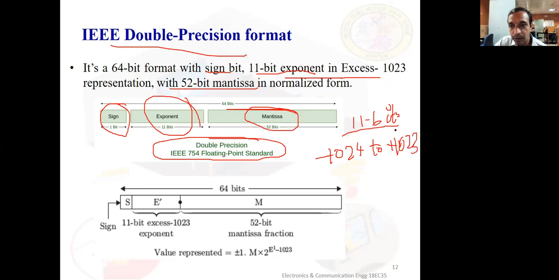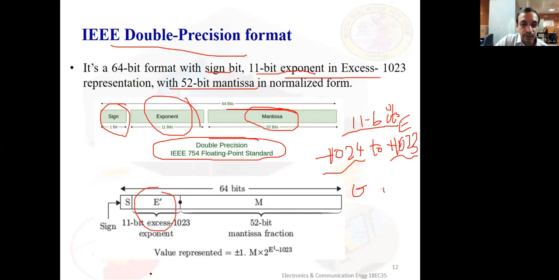But again, to avoid the negative values, we use a biased exponent, E dash, by adding 1024. So minus 1024 becomes 0, and plus 1023 becomes 2047.